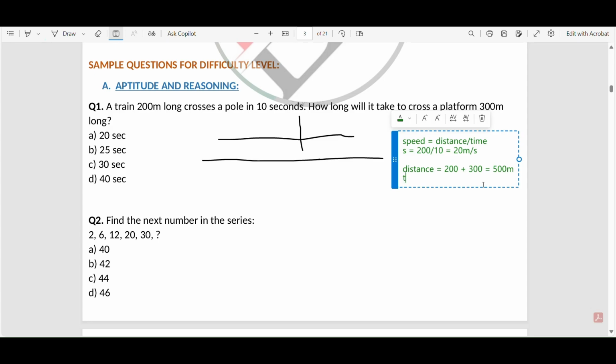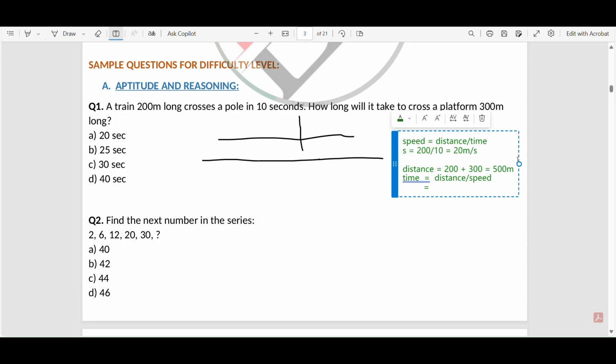And now we have to find the time again. As speed equals distance divided by time, the time will be distance divided by speed, right?